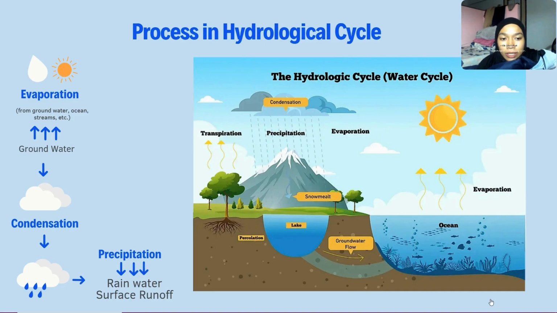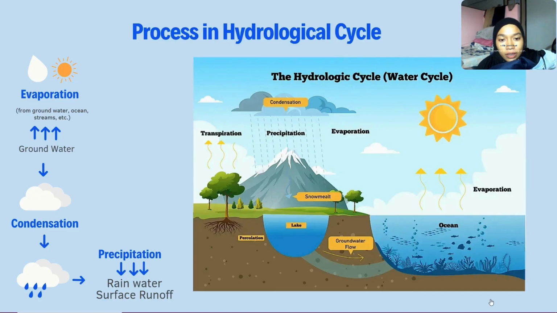As you can see in the picture, the water evaporates from the oceans, rivers, and land due to the heat from the sun, and then the water vapor cools and undergoes condensation to form clouds.